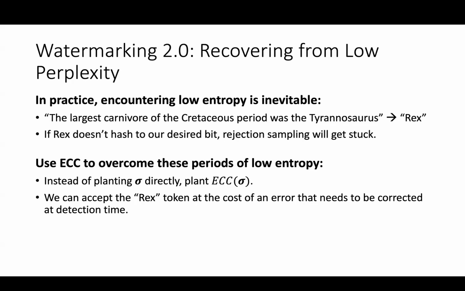Whenever we can't handle a region, we artificially plant an error, and this allows us to proceed even without enough entropy in some regions. We do need entropy for the entire text, but if we encounter a region of low entropy, we can get away with planting an error and still being able to recover.